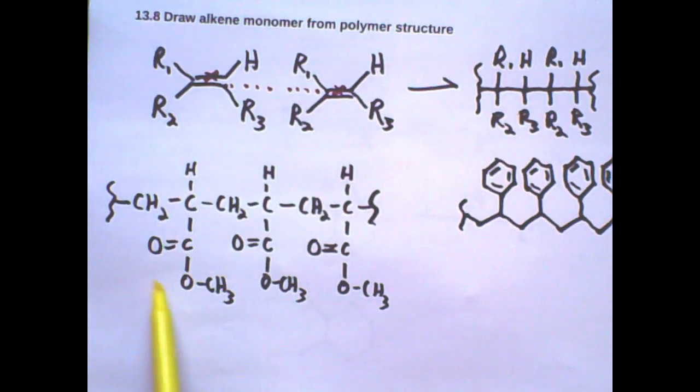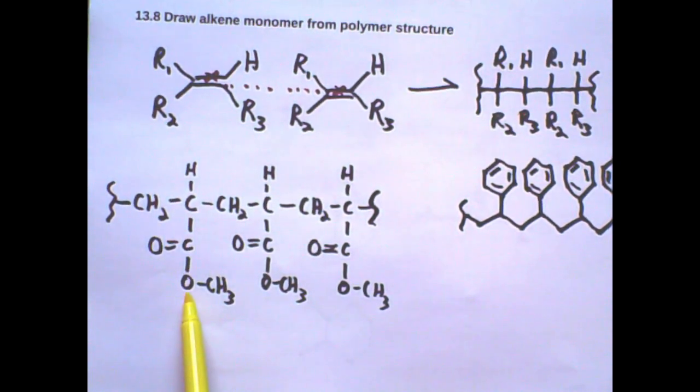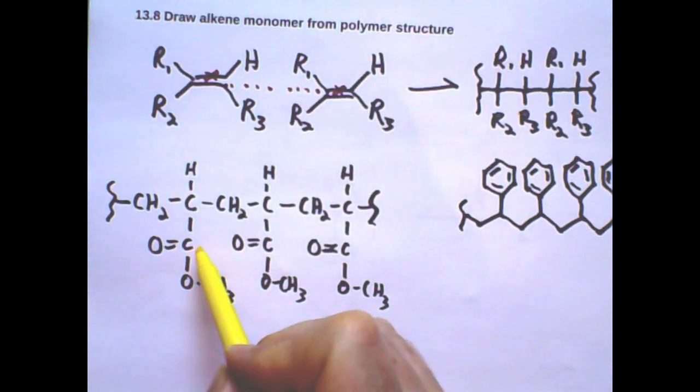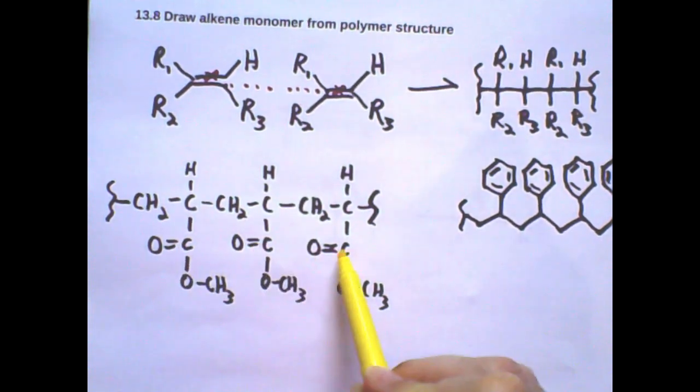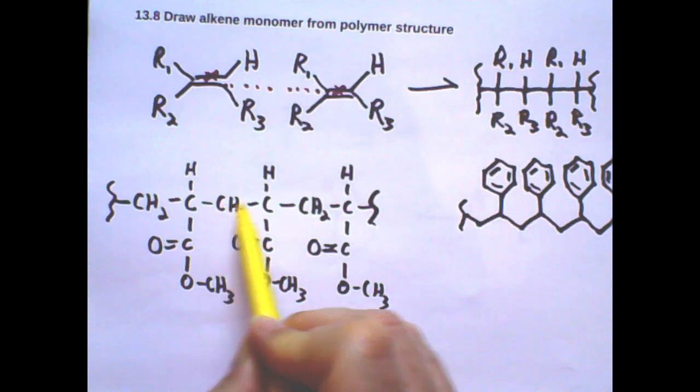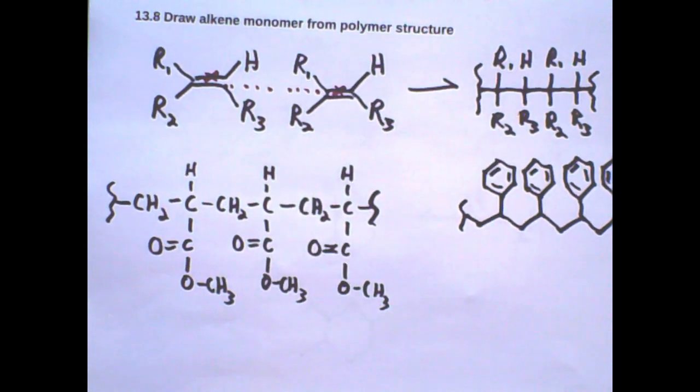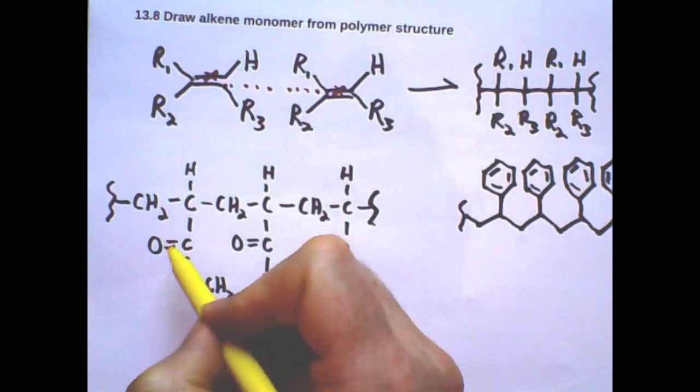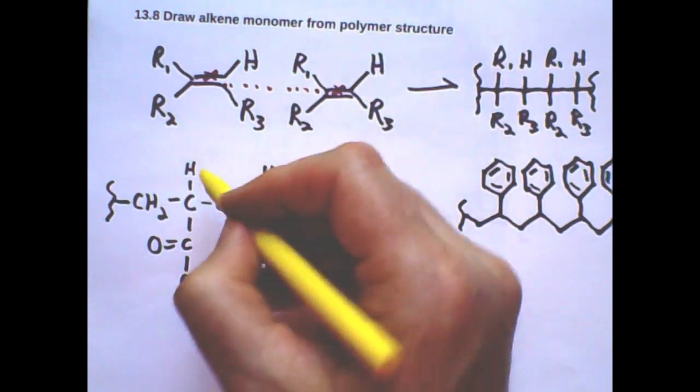Here's a big group sticking out to the side, and it looks the same on the left as in the middle as on the right. So it looks like I repeat every 1, 2, 1, 2, 1, 2 carbons. So I can just go in and find the repeats.